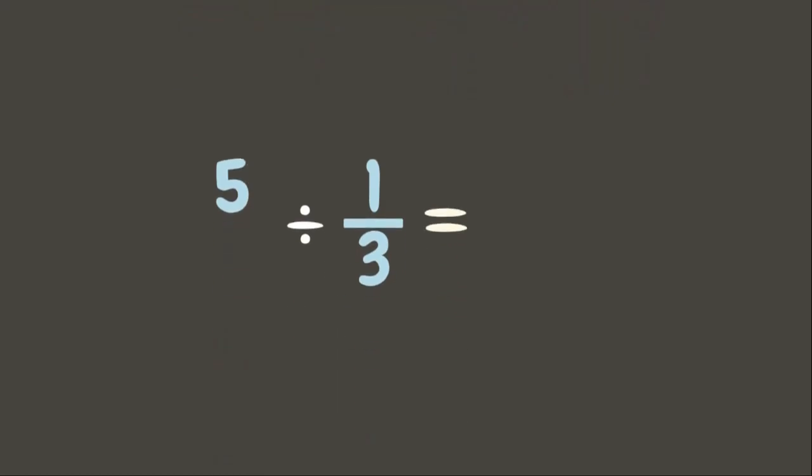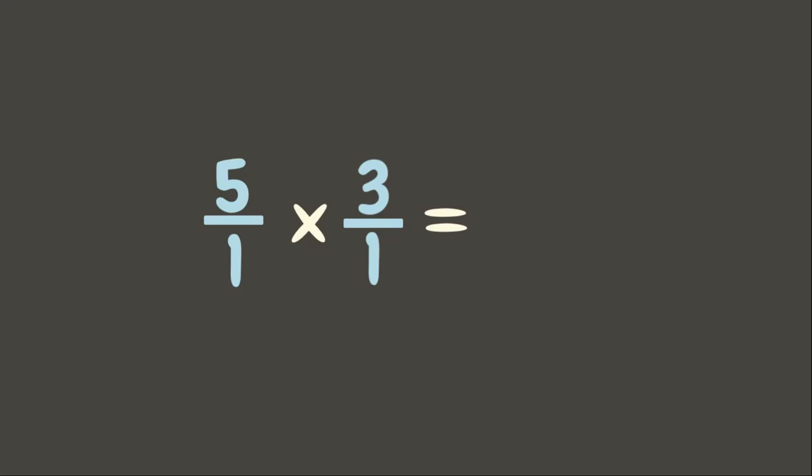Now how are we going to divide a whole number by a fraction? Let us put 1 as the denominator of the whole number. Next, get the reciprocal of the divisor. Change division into multiplication.